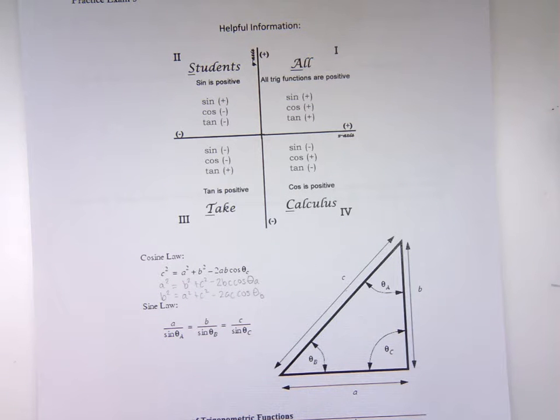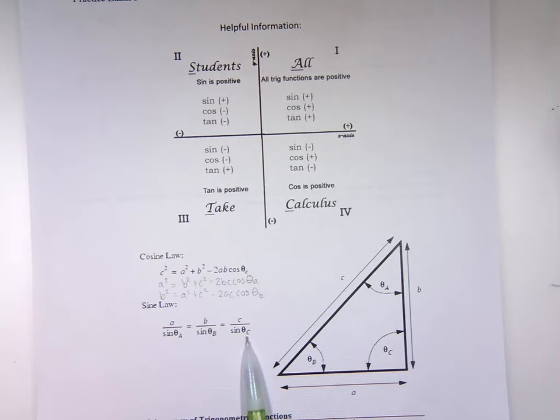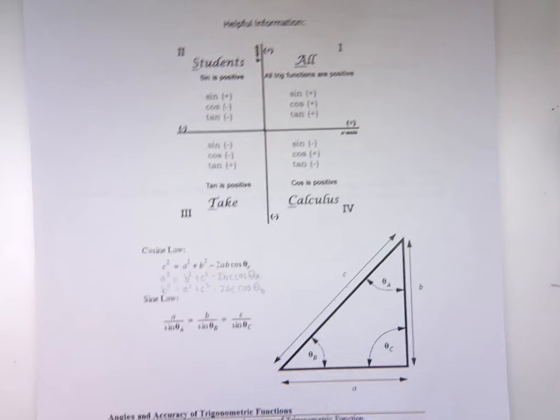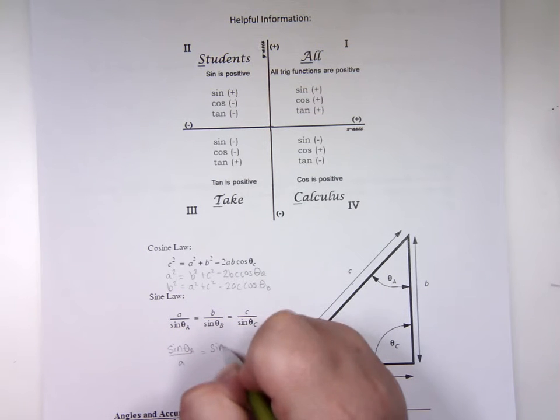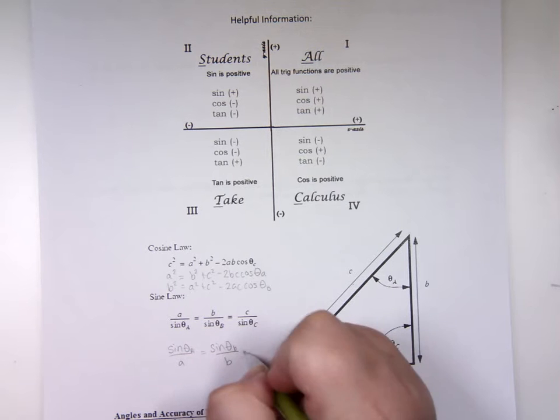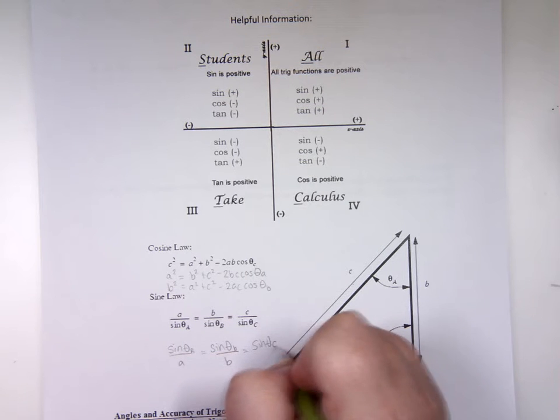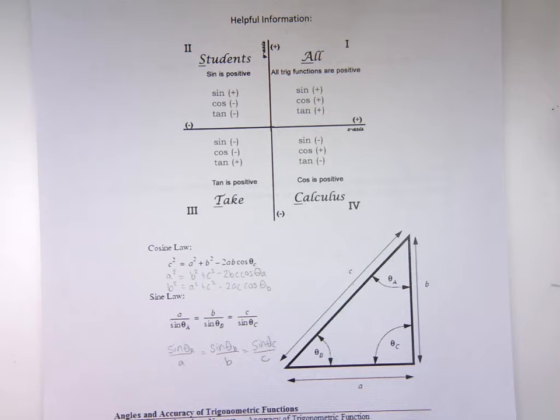So any one of those will work depending on which angle you know and which side you're trying to solve for. We've got our law of sines. You might have learned them all flipped upside down. That's fine too. So sine theta a over a equals sine theta b over b equals sine theta c over c. Those are all equally valid.